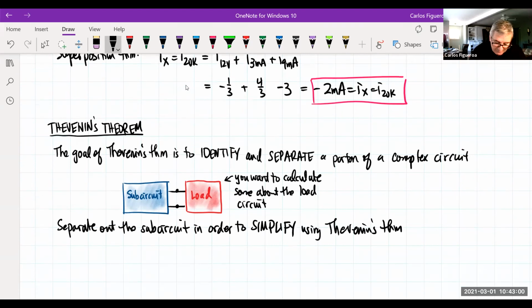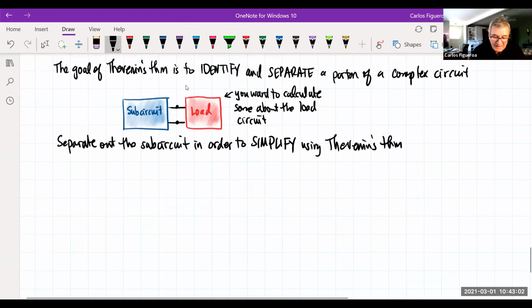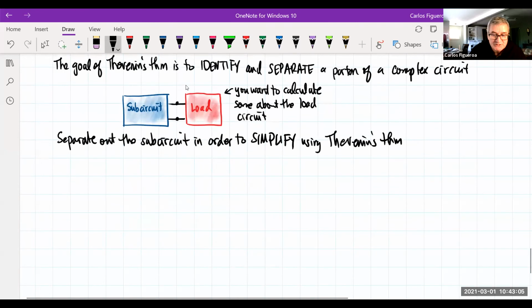That subcircuit can be really complicated. It can have numerous sources. It could be ugly as hell. And it doesn't matter.